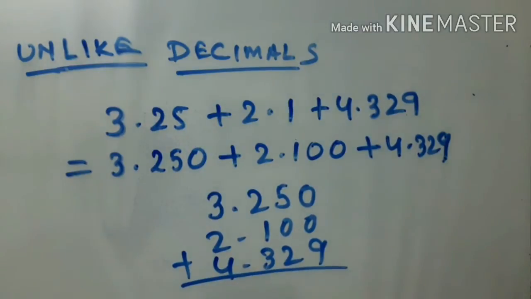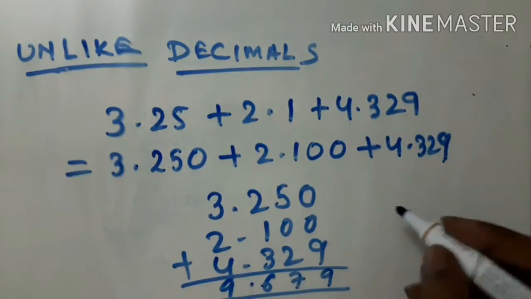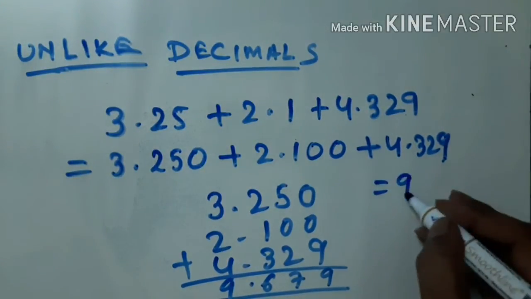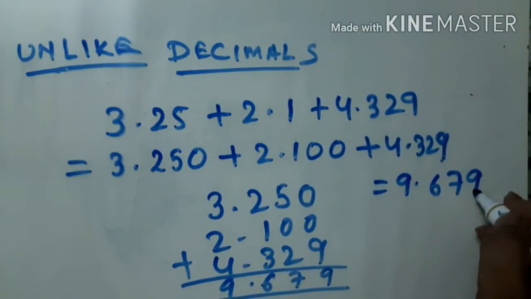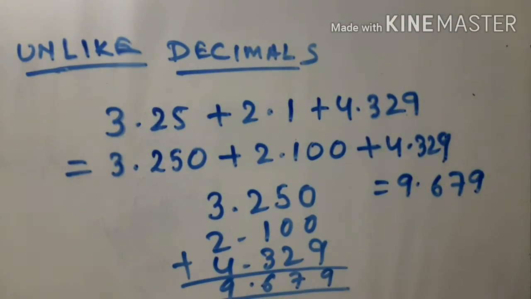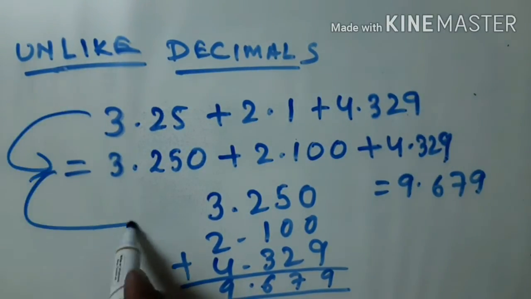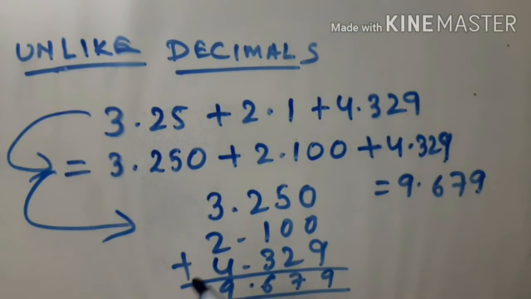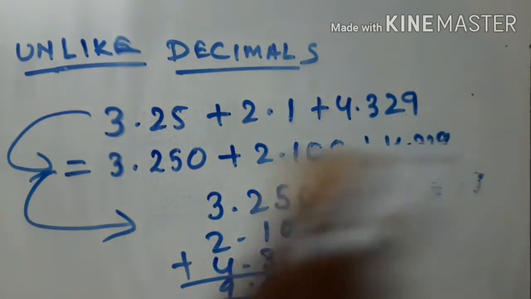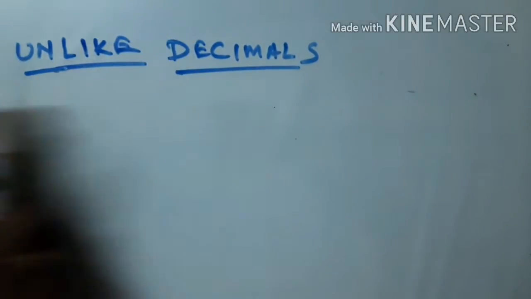So we have just arranged it according to the place values. So remember, point should be under point. So 9, 7, here we'll get 6, then point under point and the 9. So 9.679. So here you have to remember, whenever there are unlike decimals, first we'll convert to like decimals, then we'll arrange it according to their place values in the column way. Then we can add it as usual.